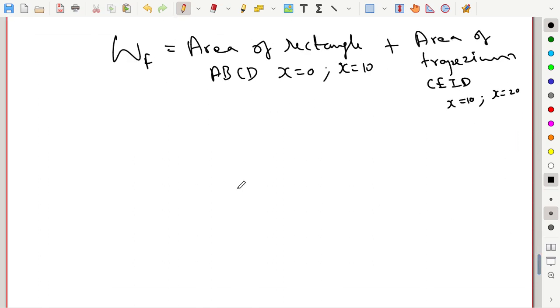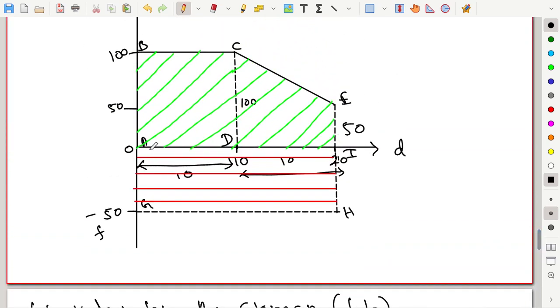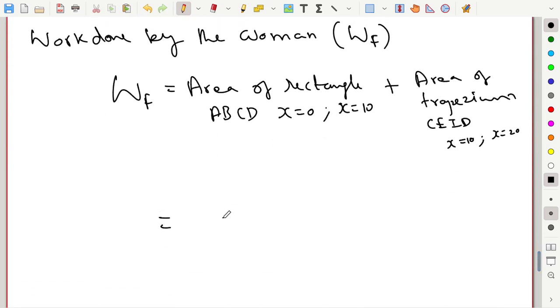Therefore, the area of the rectangle is base into height. The base is 10 meters and the height is 100 Newton.